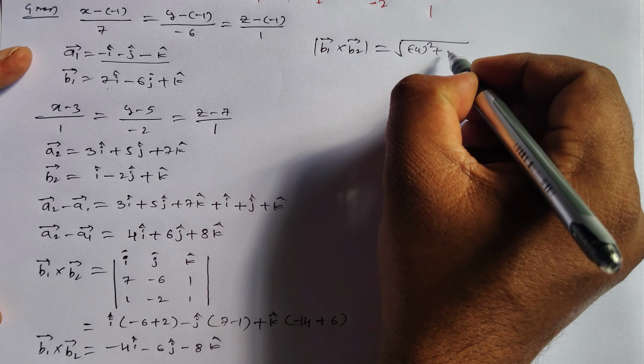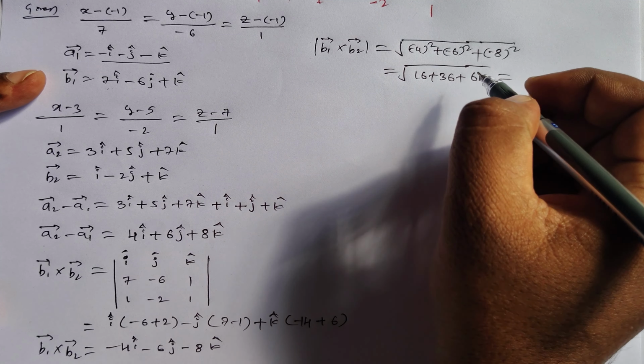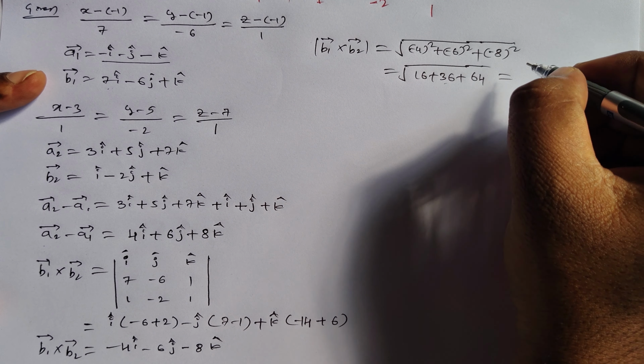So that is equal to root of 16 plus 36 plus 64. Okay, see, 36 plus 64 is 100, 100 plus 16 becomes what? 116, right?